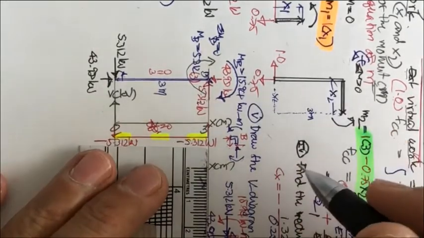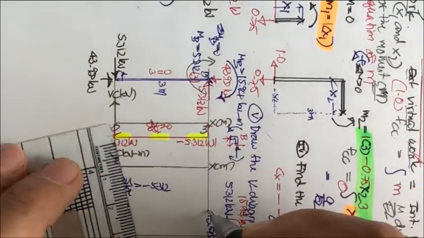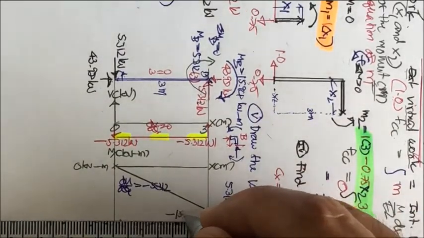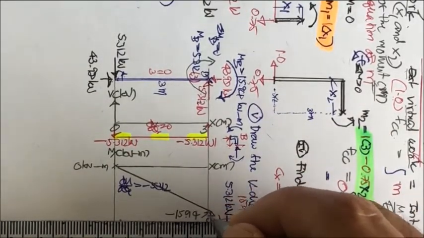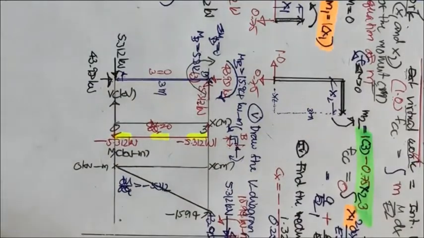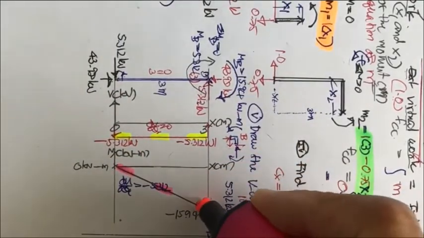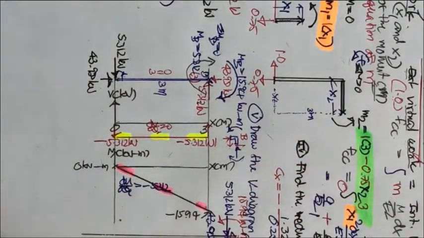Okay, this is going to be about 1.5 centimeter. So we have this one for minus 15.94 on this. However, the slope is going to be minus 5.312 here.